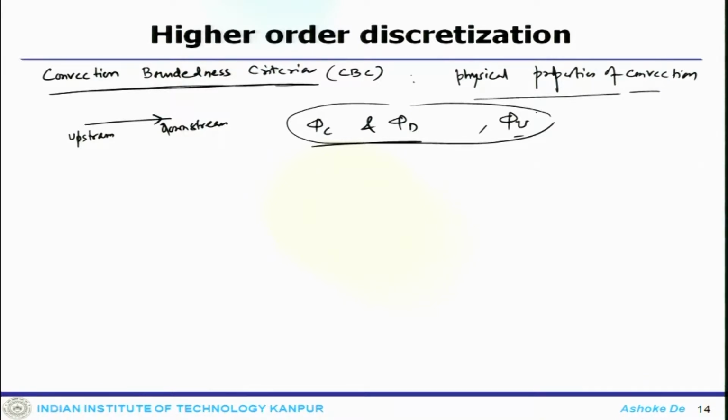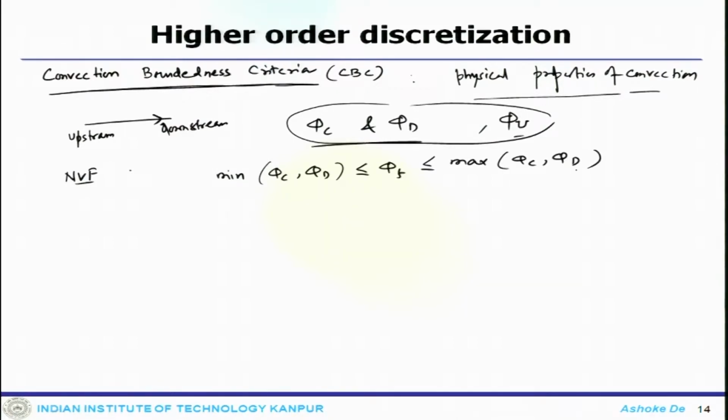So, we have already seen in the normalized variable framework that the numerical convection scheme is monotone. Monotonicity is one important property, and mathematically one can think of the minimum of phi c and phi d being less than phi f, which is also bounded by the maximum of phi c and phi d.